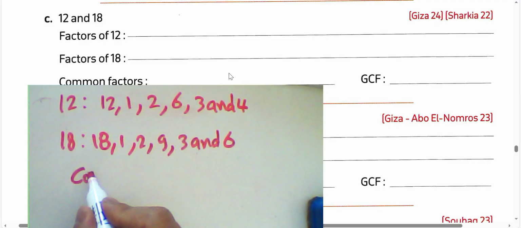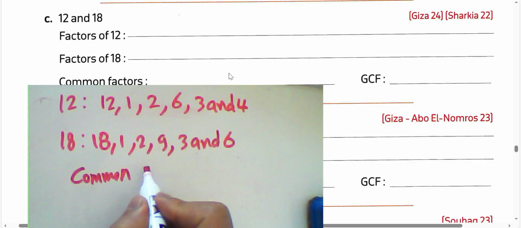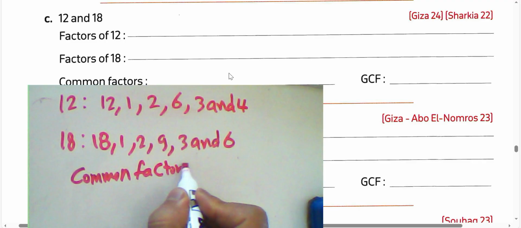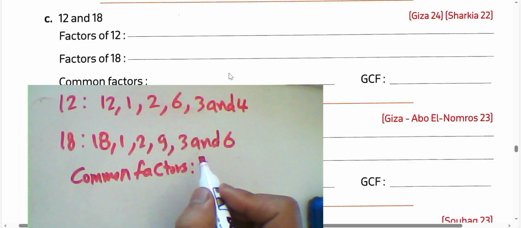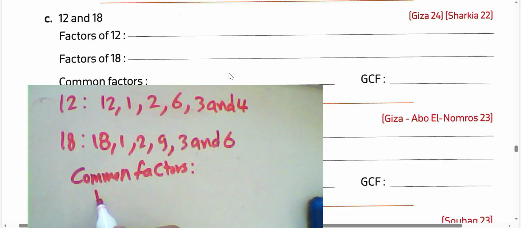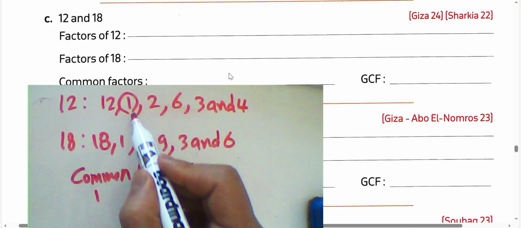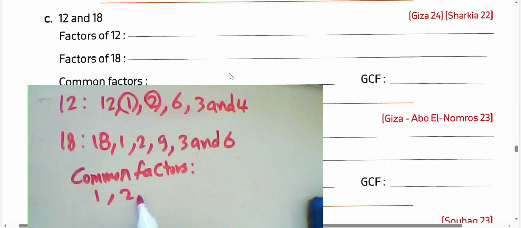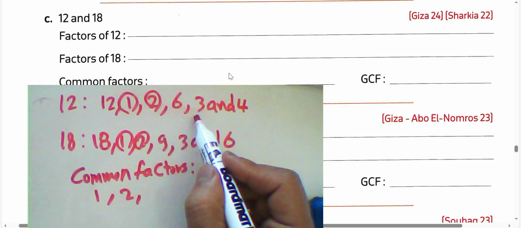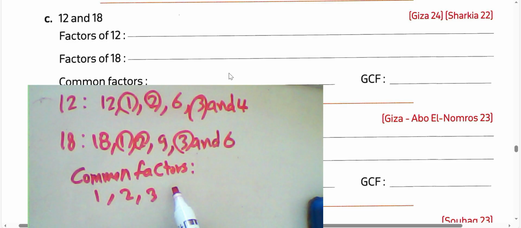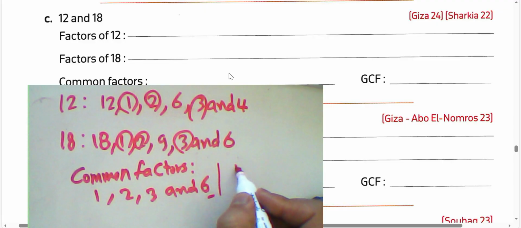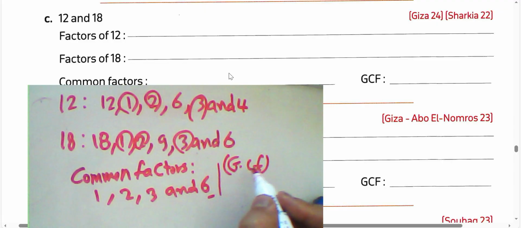The common factors are 1, 2, 3, and 6. And the highest common factor will be 6.